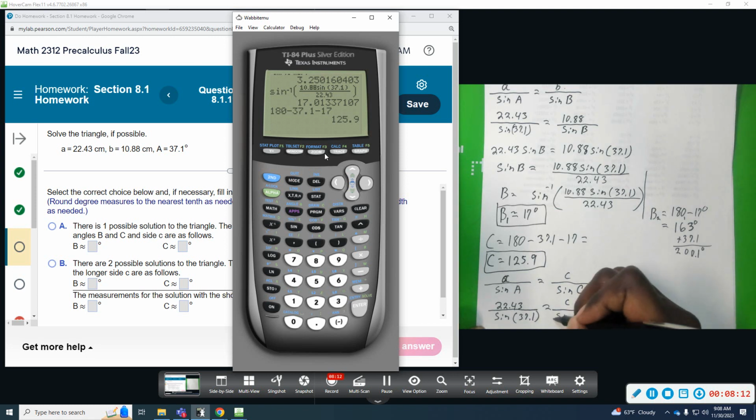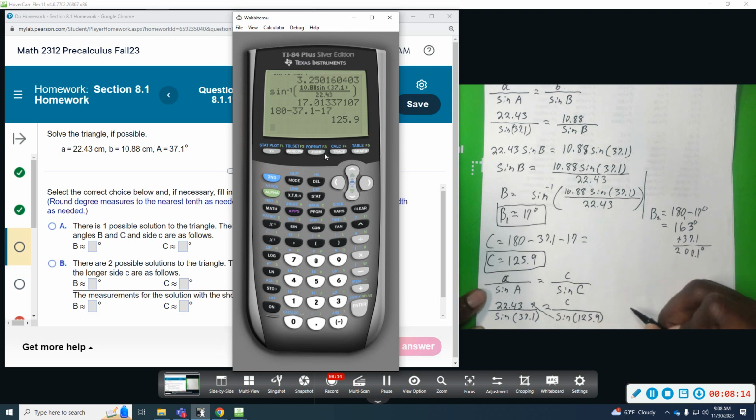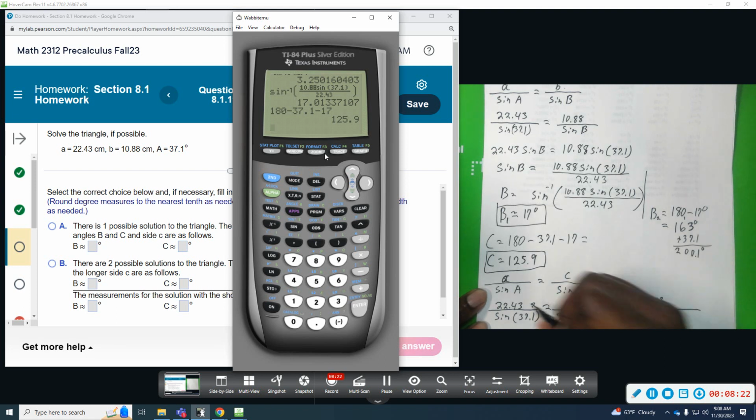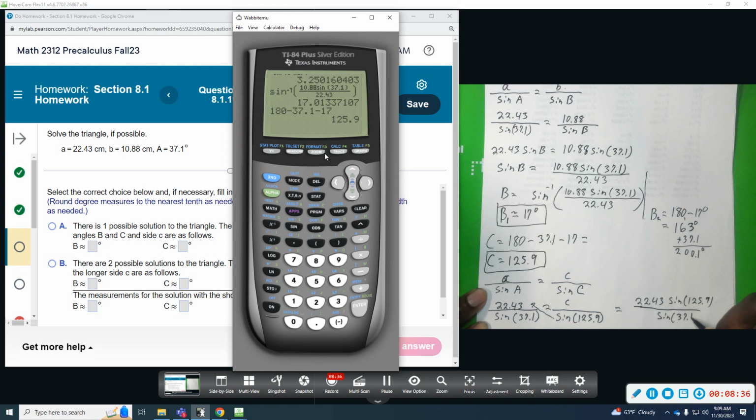And then I'm going to cross multiply, and that will give me C, which will be 22.43 times the sine of 125.9 divided by sine of 37.1. All right. That'll give us side C.